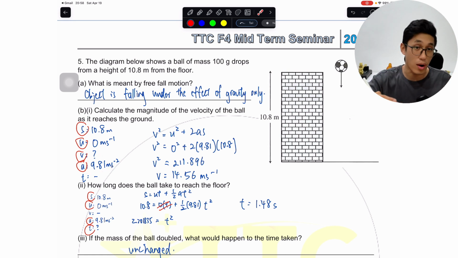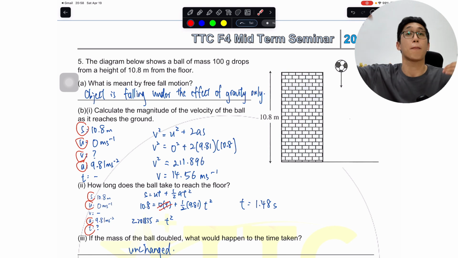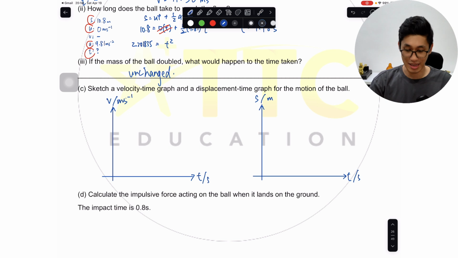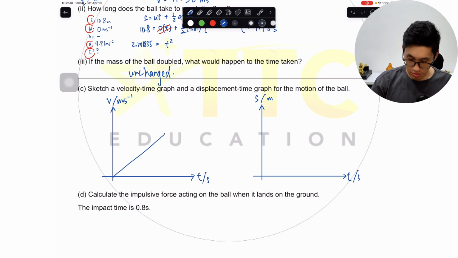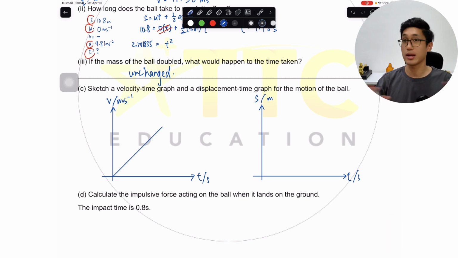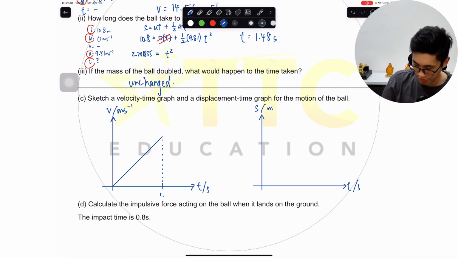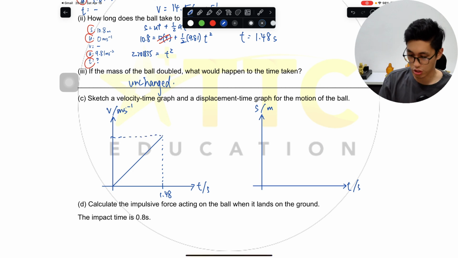So 9.81, and then you plus 9.81 again, and again, and again. So your velocity actually increases steadily, which means your graph will be like this. It's a straight line. Okay? So you can even get the numbers, which is 1.48 seconds for the final moment.